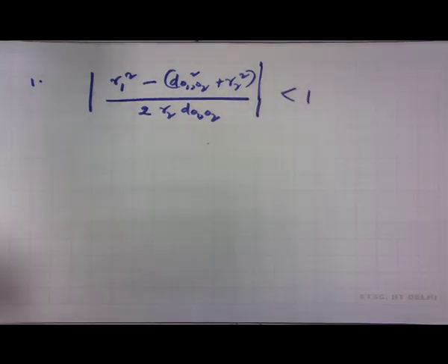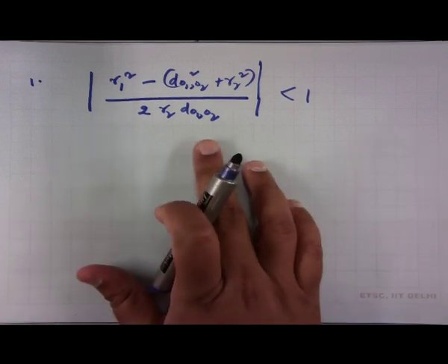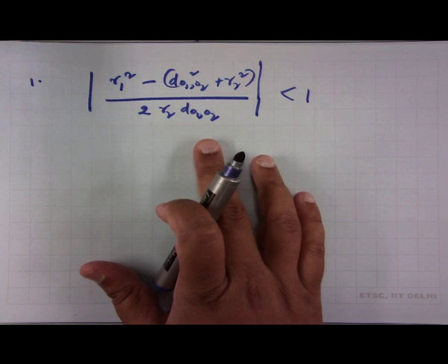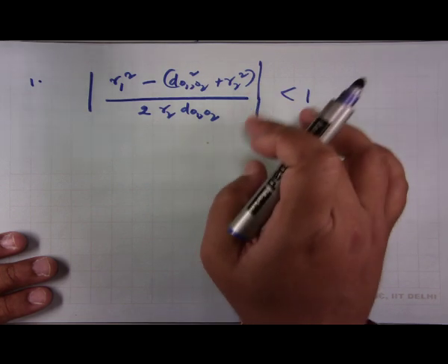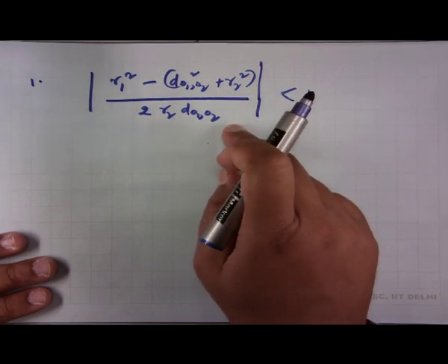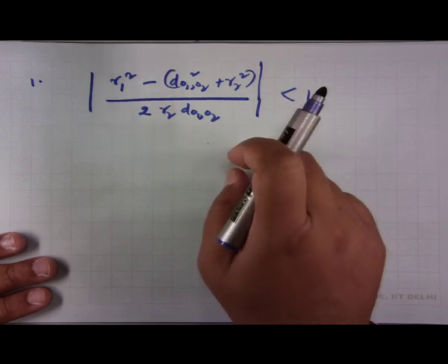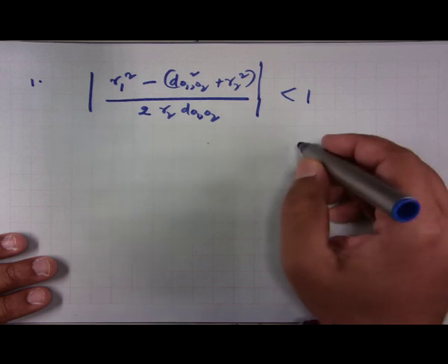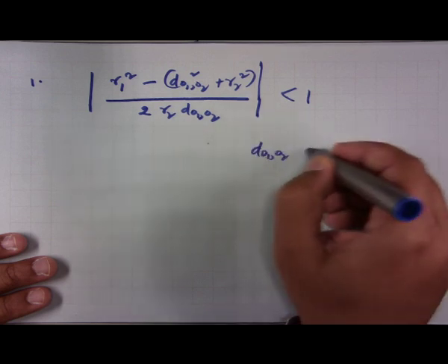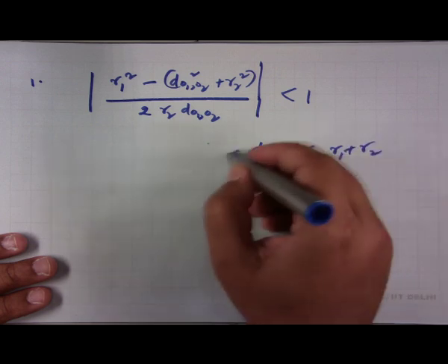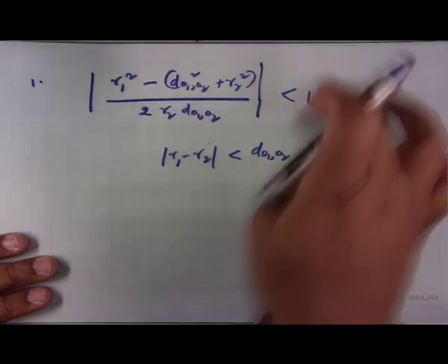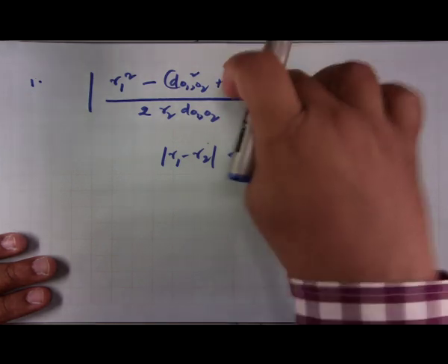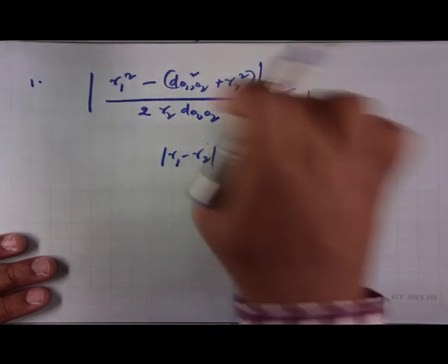We have argued that in this case there will be exactly 2 points where the two circles will intersect. But then ultimately what we want to show is that this condition implies, and is also implied by, the condition that the distance is less than the sum of the radii and greater than the absolute difference. So, this is what we should get, both ways. If we start from here, we should get this, and this should also imply this.